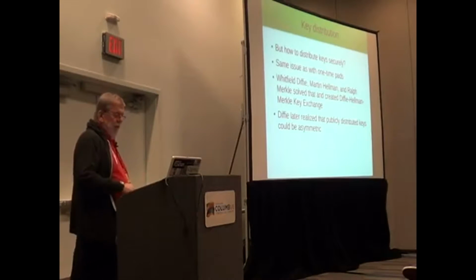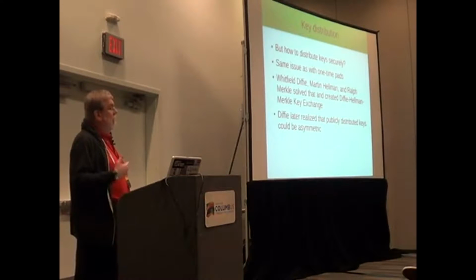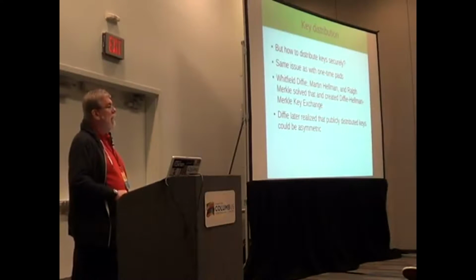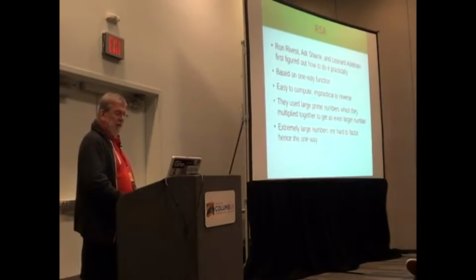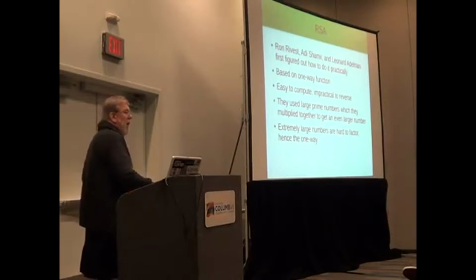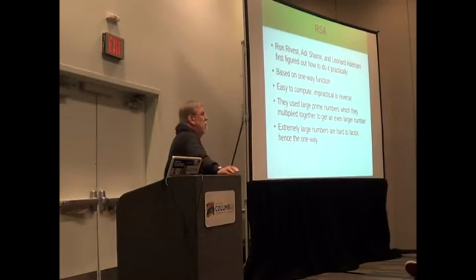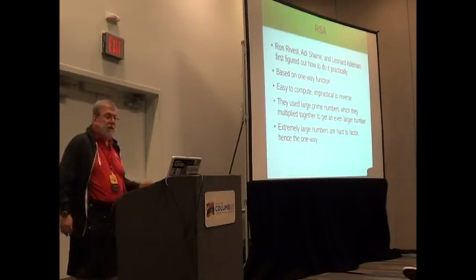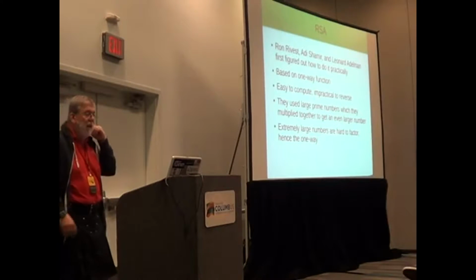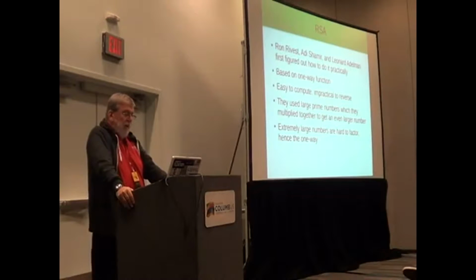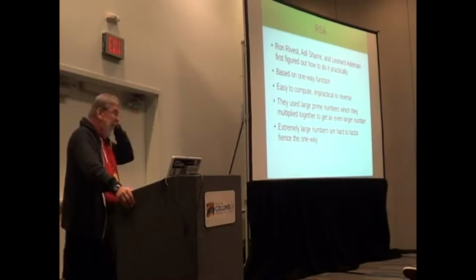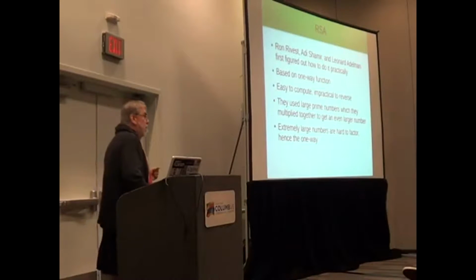And then Whitfield Diffie realized, oh, we could do something that is asymmetric. And the people who solved that problem initially, Ron Rivest, Adi Shamir, and Leonard Adleman, they figured out a way to do that. And it's based on the idea of a one-way function.